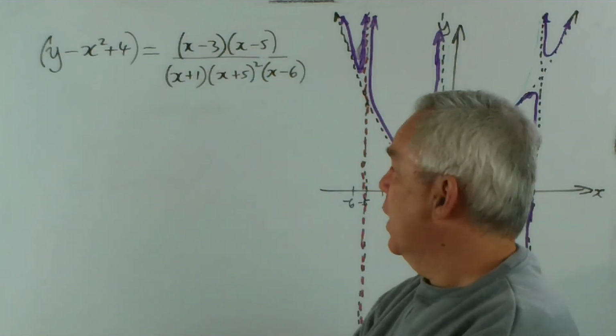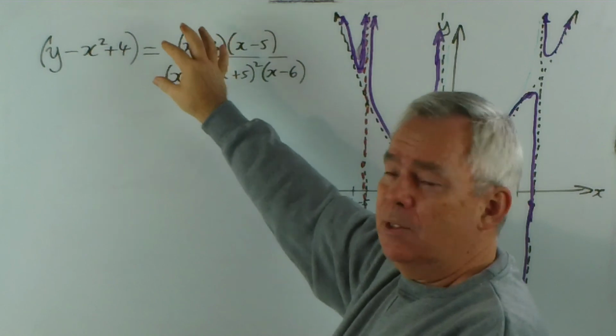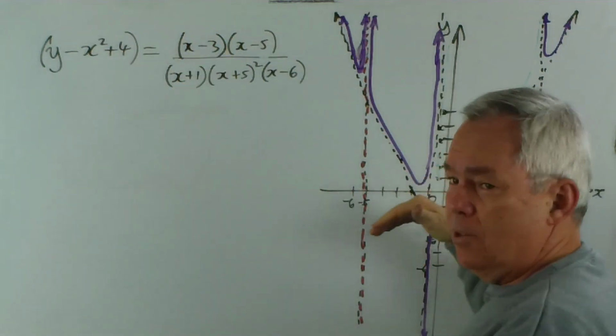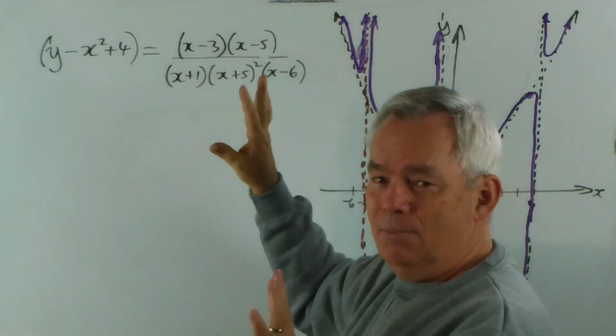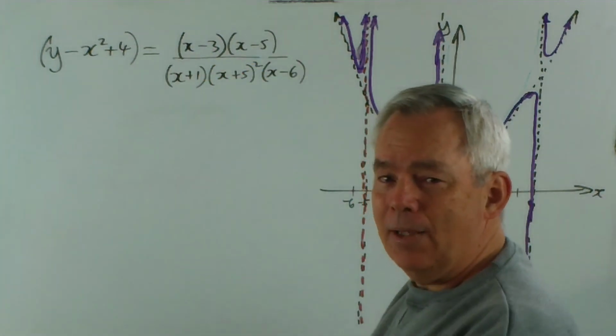Most school questions will have a constant there, which means you're not going to cross the asymptotes at all. But if you do see a factor like this, hopefully you know how to handle it.